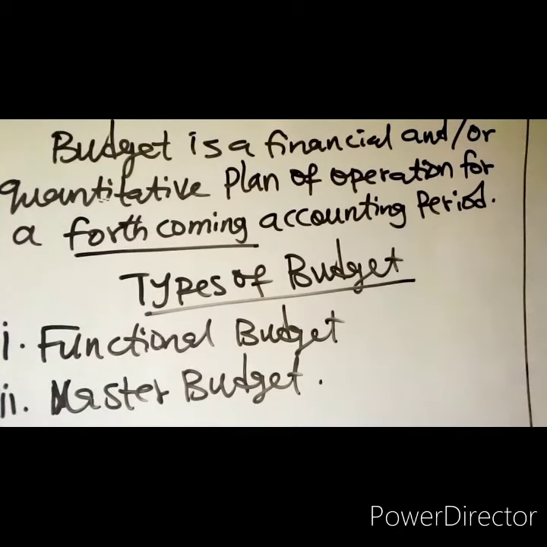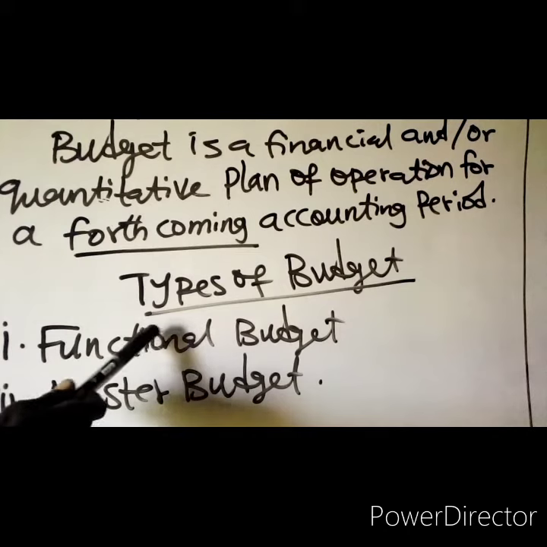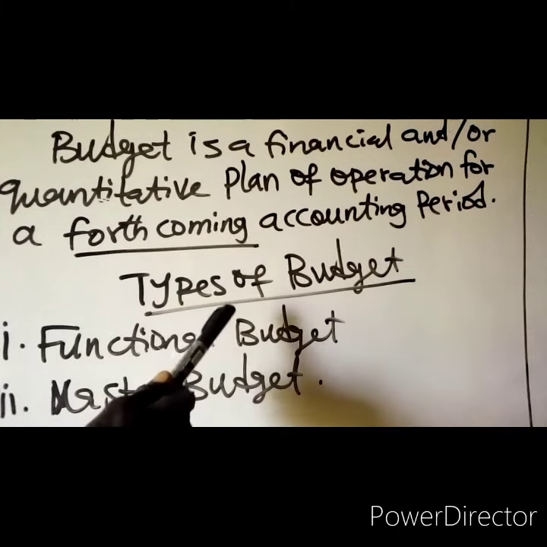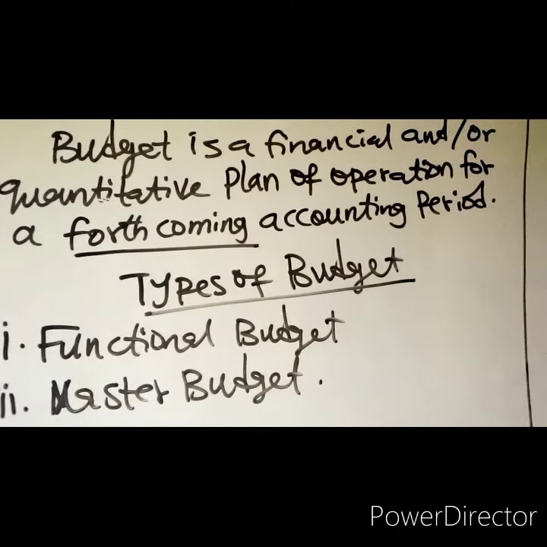In an organization, take for instance a manufacturing organization, there could be several departments. There could be a production department, which will be responsible for the preparation of the production budget. There could be a selling department, which will prepare the sales budget or revenue budget.